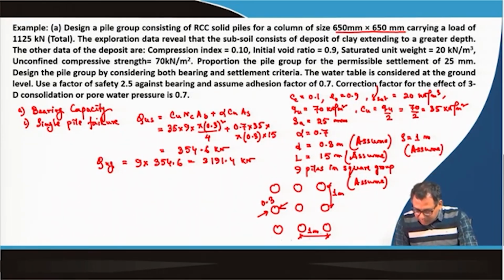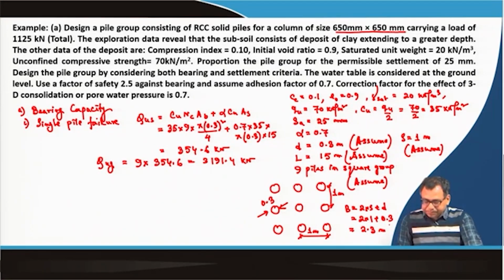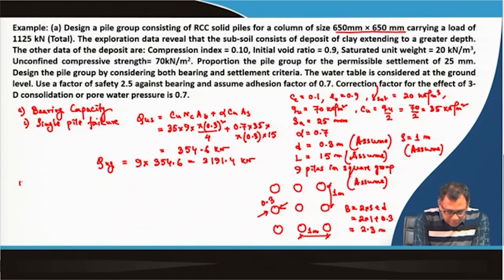So the B value will be 2 into S plus D, that is 2 into 1 plus 0.3, where the diameter of the pile is 0.3. So this will be 2.3 meter, because the spacing is 1 meter. Previously it was single pile failure, now we are considering the block failure.